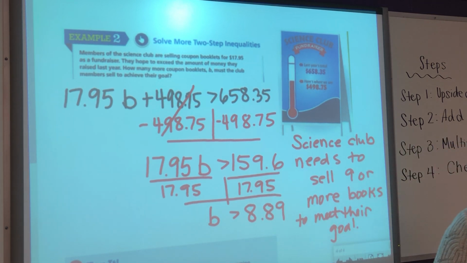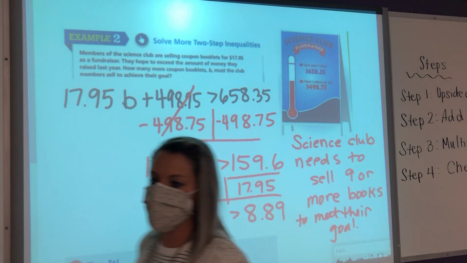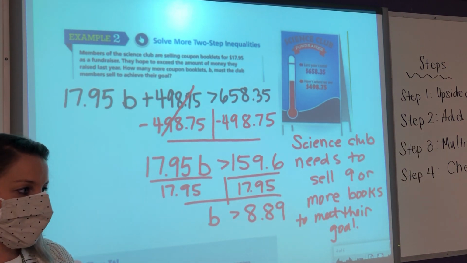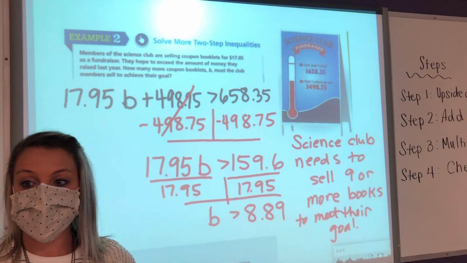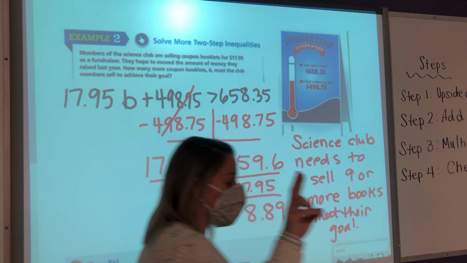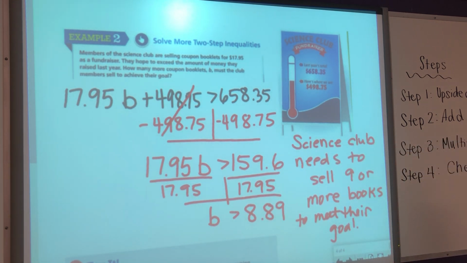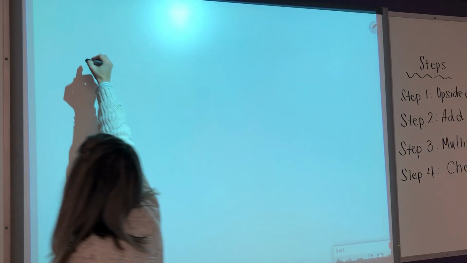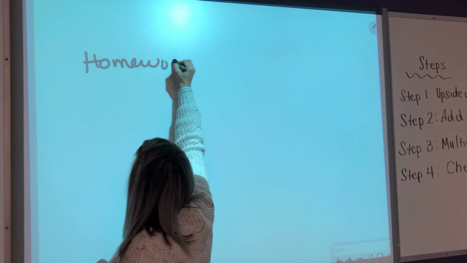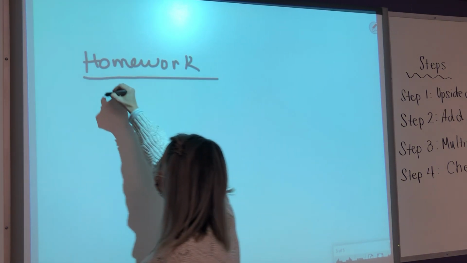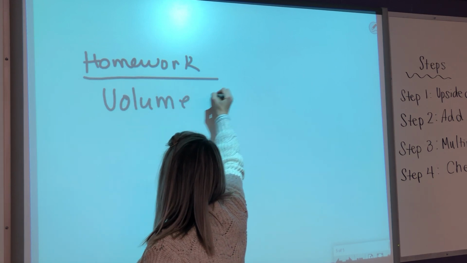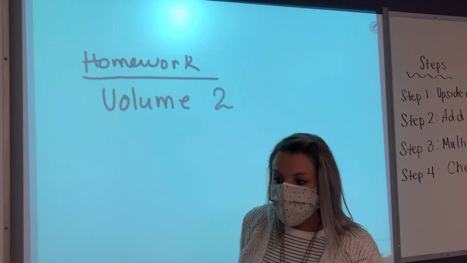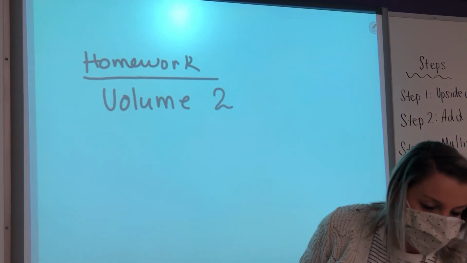All right. Blast from the past right now. You're going to get out your workbooks. Volume 2. Okay, volume 2. So if those are at home, that's okay. Tonight, what I would like for you to do, so your homework tonight, we're going to be in volume 2.